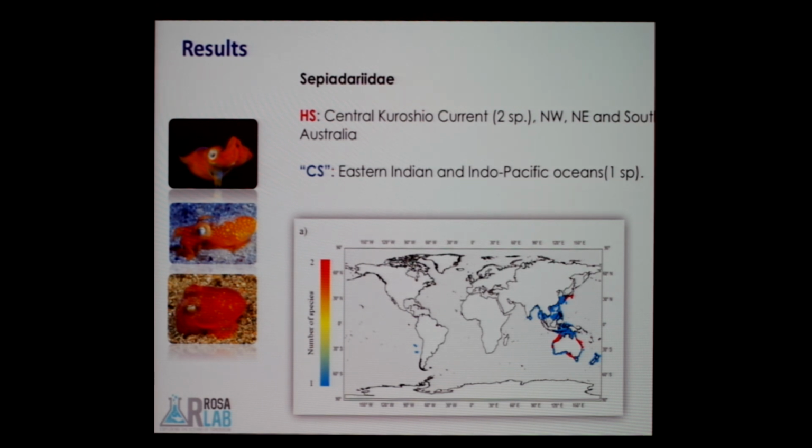Then we have the next group. The hotspots are in the central ecoregions current and in Australia, and in other places just 1 species.